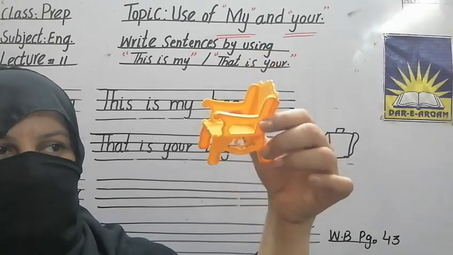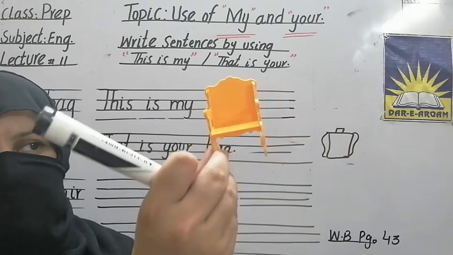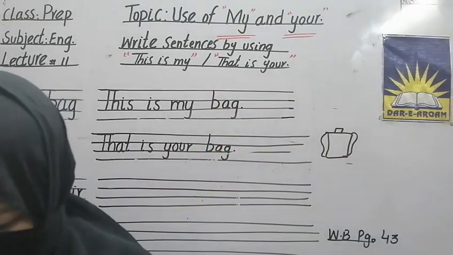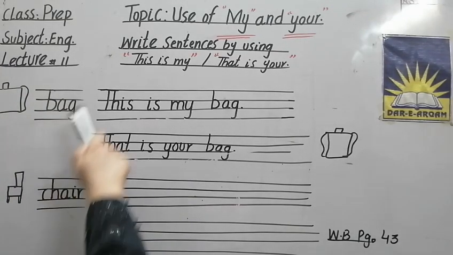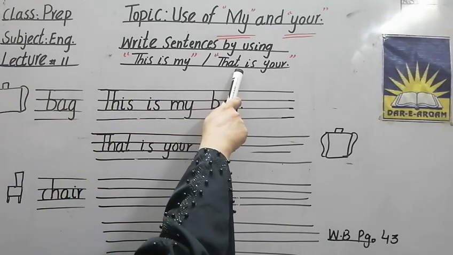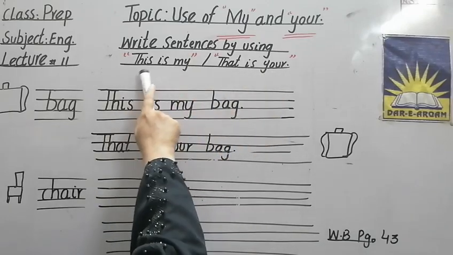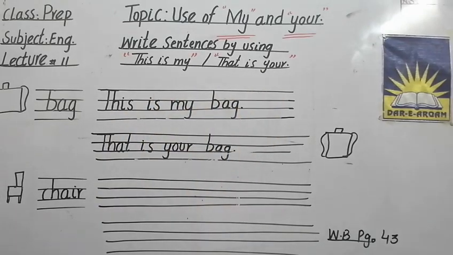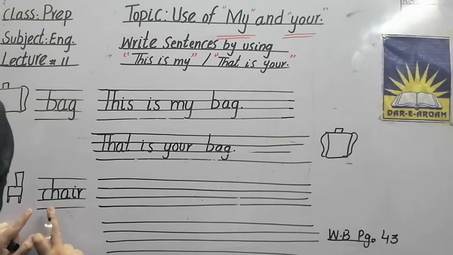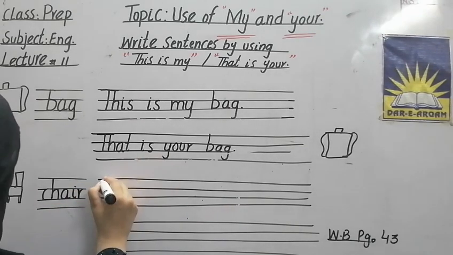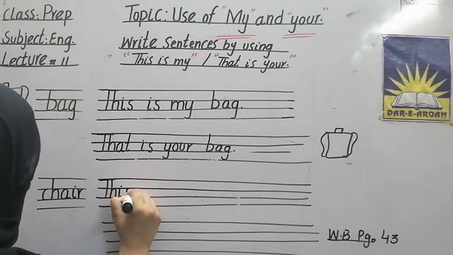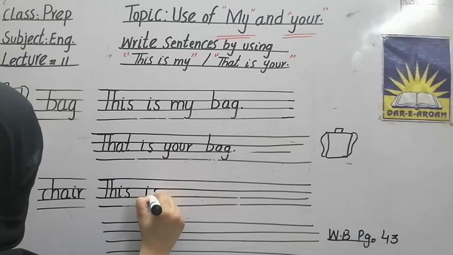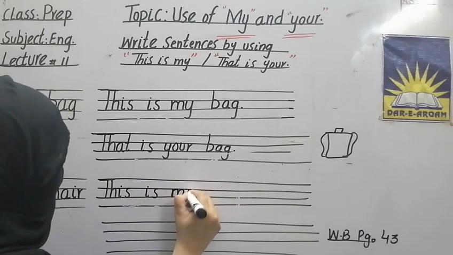Chair. Good. Now we make sentences by using this is my and that is your. Chair. This is my chair.